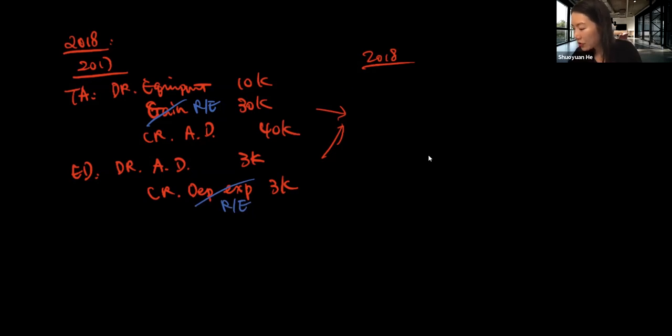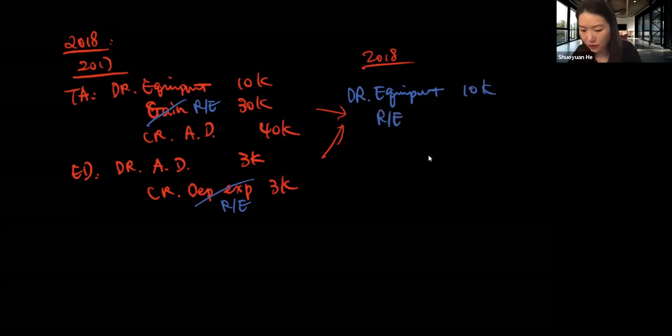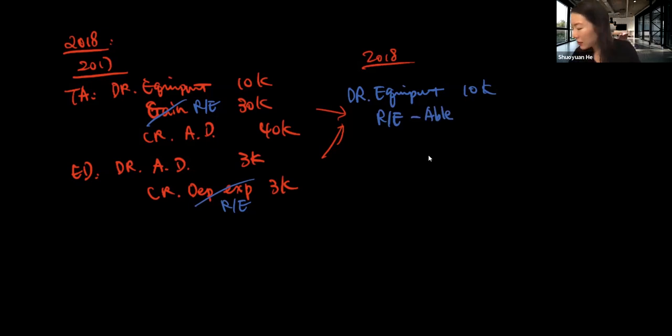So if we combine those two general entries, that will give us debit equipment for 10,000, debit retained earnings for Able at the beginning of the year 2018. Because this is a downstream sale, we adjust the beginning retained earnings for the parent. And then 30,000 minus 3,000, so that's 27,000.